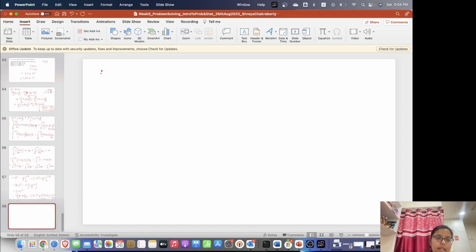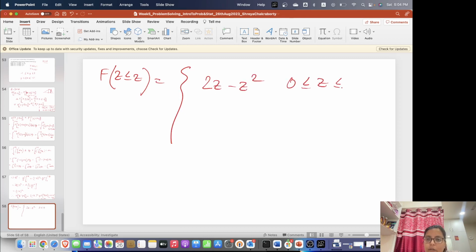So the CDF of Z is equal to 2z minus z square when 0 is less than or equal to z less than or equal to 1, and 1 if z is greater than or equal to 1. So this is the CDF.